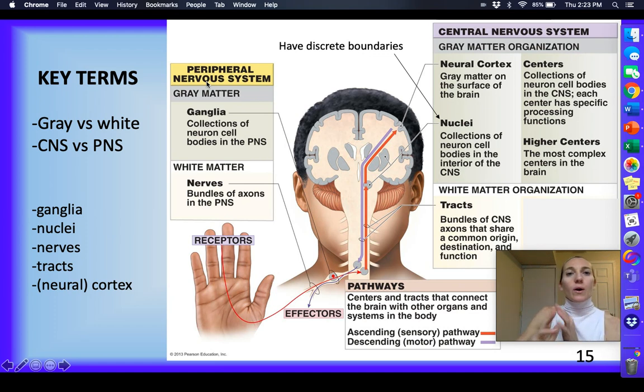And so we'll start with the peripheral nervous system here. So consider the structure of an individual cell, right? You've got the cell body and then you have the axons. Well, that's a single neuron, right?